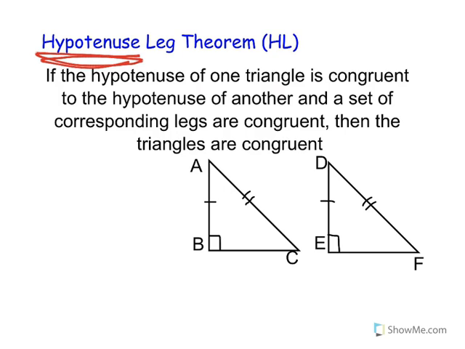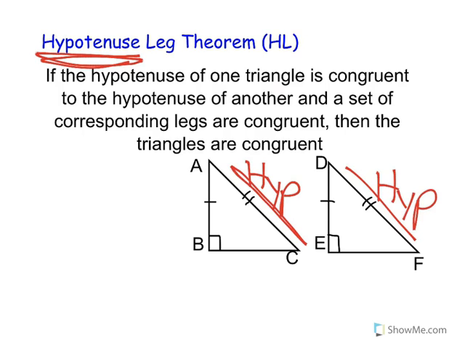So in our picture, this would be our hypotenuse. So we have the hypotenuse here, and we have a hypotenuse here, or H for short. And then this is a leg, and this is a leg, and these would be the corresponding legs.